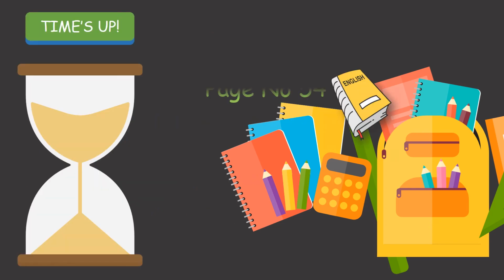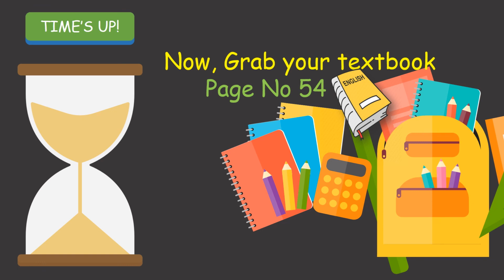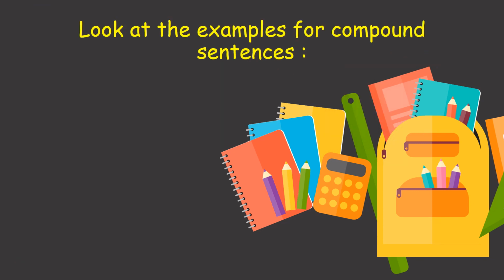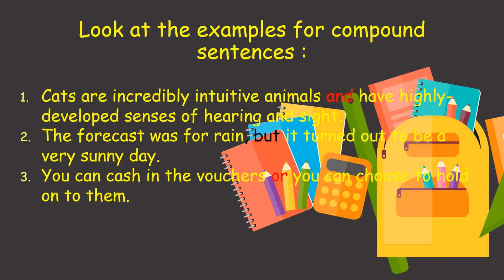Time's up. Now grab your textbook, page number 54. Look at the examples for compound sentences. First one, cats are incredibly intuitive animals and have highly developed senses of hearing and sight. So you can see the conjunction here, and.